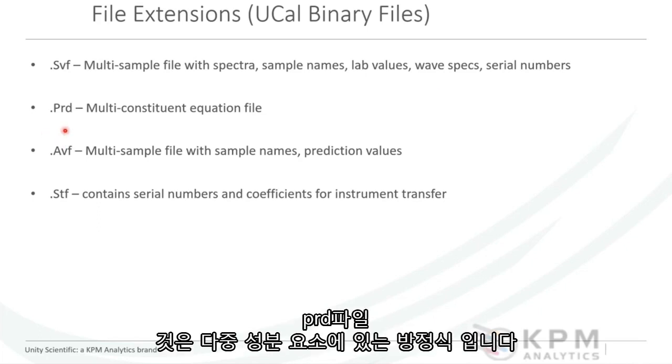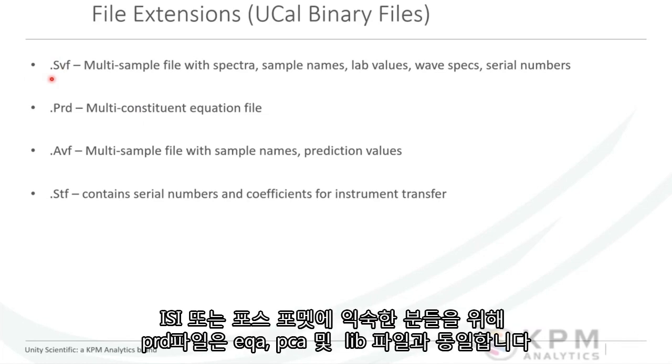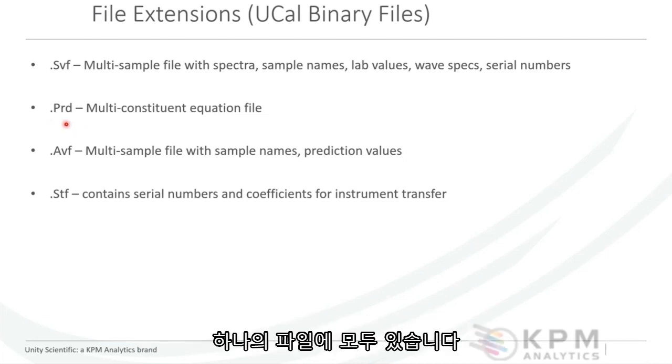We also have PRD files. These are equation files. They are multi-constituent. So this contains all of the information needed to predict constituent values from an SDF file or from an instrument. For those of you that are familiar with ISI or FOSS format, the PRD file is equivalent to an EQA, PCA, and library file all in one file.